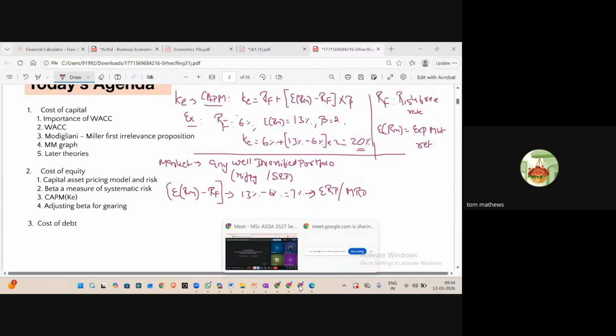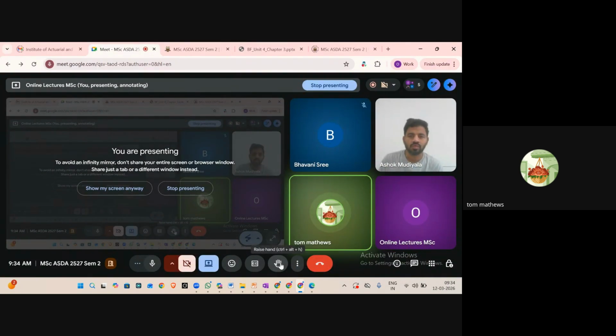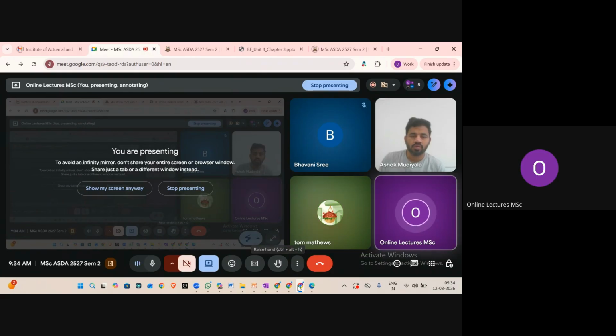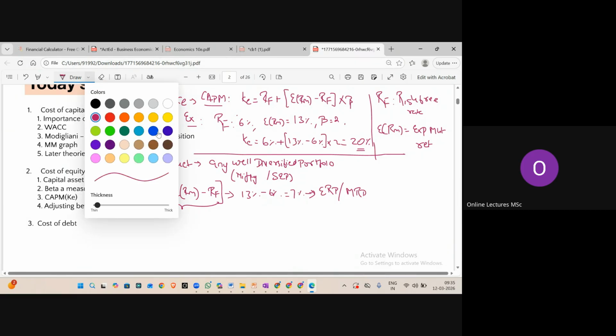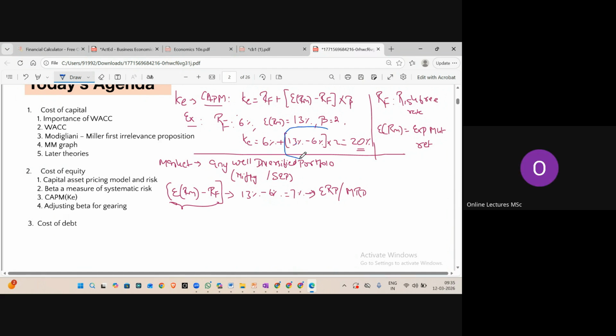So expected market return minus RF is the risk premium, right? Yes, market return minus risk-free is the market risk premium. In our story, this was the market risk premium.